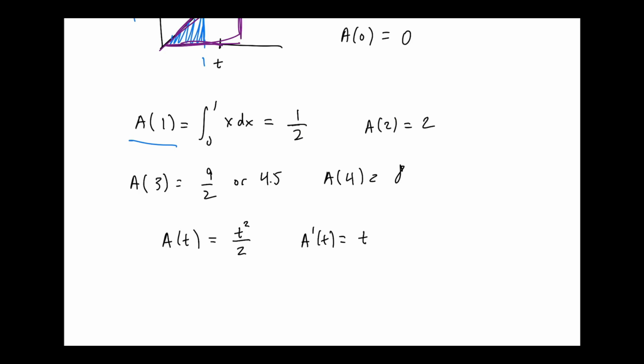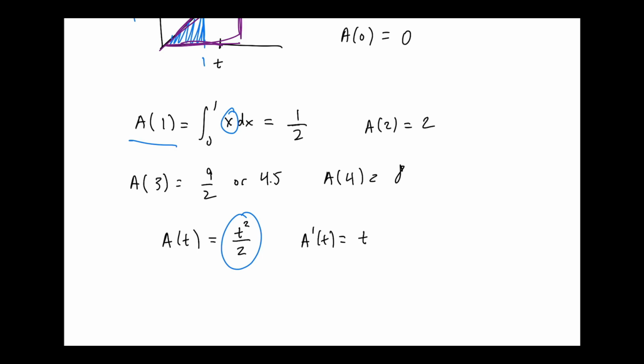Okay, so let's think of it this way. Think of x and think of t squared over 2. Or just for the sake of right this instant, think of x and think of x squared over 2. What's the relationship between those two functions? One of them is the derivative of the other, right? x is the derivative of x squared over 2.